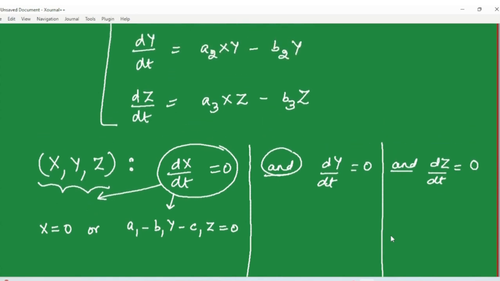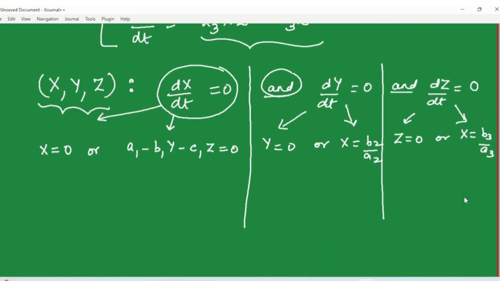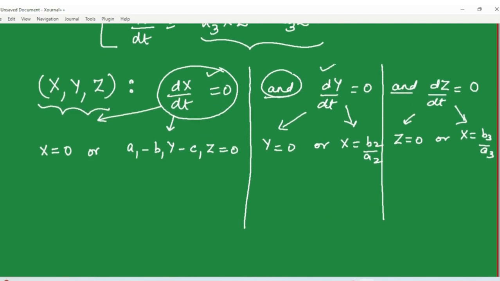Here again, luckily y is common. So you have two possibilities here for dy by dt to be 0. Either y is 0 or x is b2 by a2, because a2x minus b2 equal to 0 means x is b2 by a2. So this has two possibilities. Again, let's look at dz by dt equal to 0. z is common here. So this means either z is 0 or x is b3 by a3. Now the challenge here would be to take those triplets such that all three are together 0.